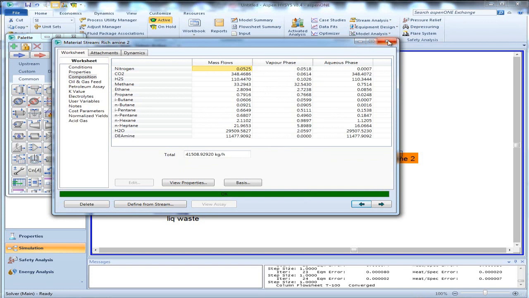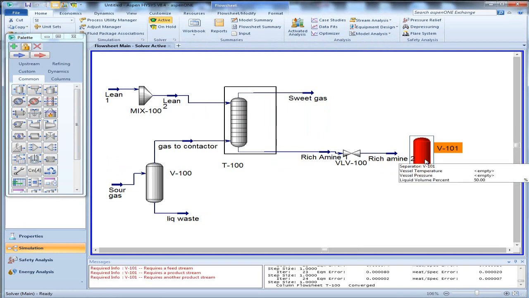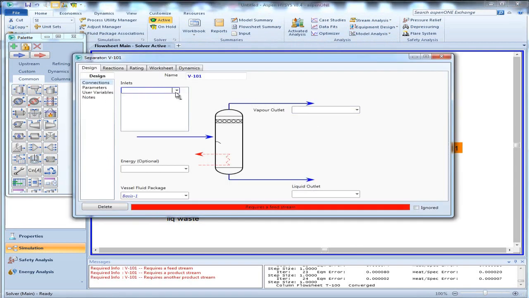This we will also treat later on. So we put the knockout drum, put that waste gas, and then this is rich amine 3.